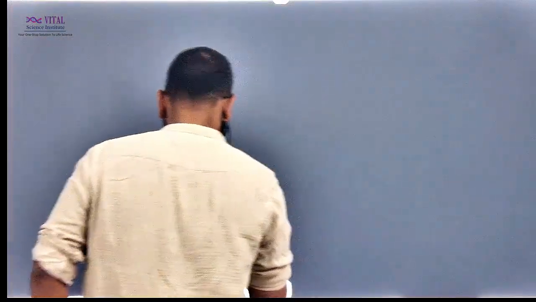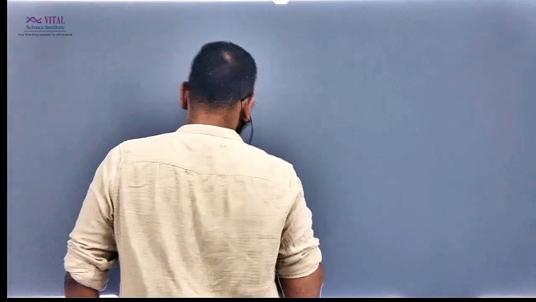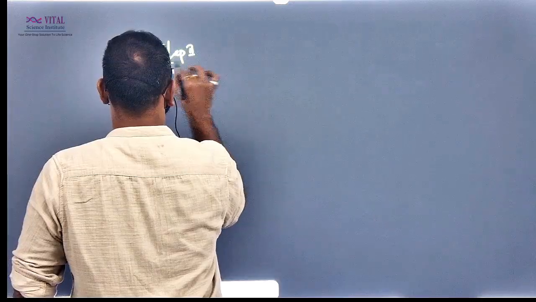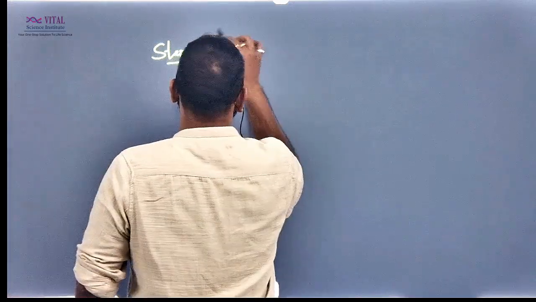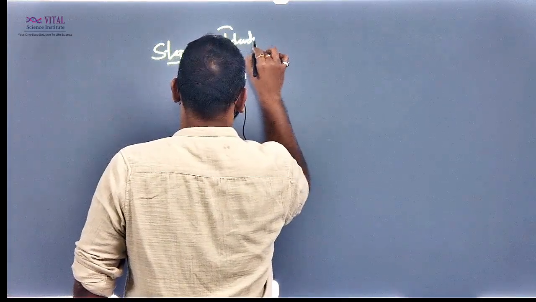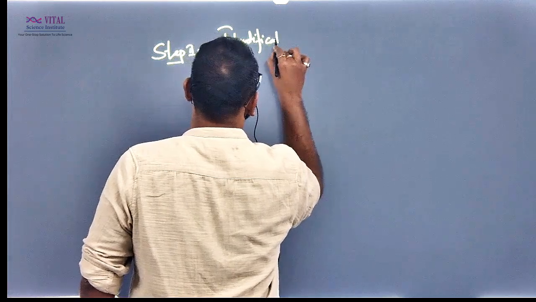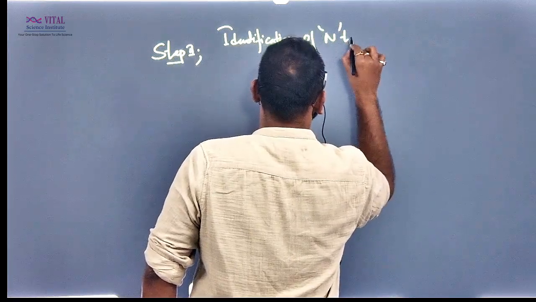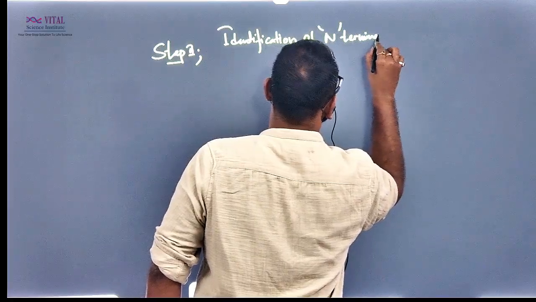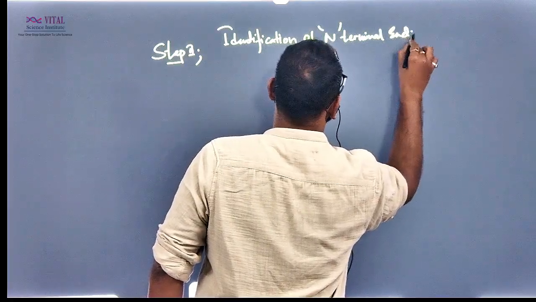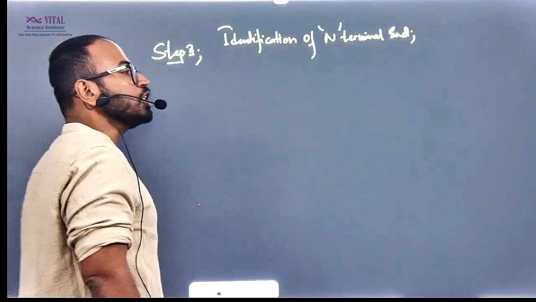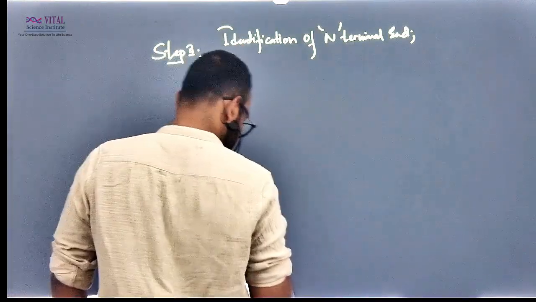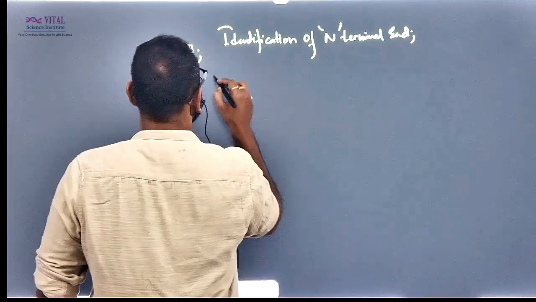Coming to our step 2, which is identification of amino terminal end. Identification of amino terminal end can be conducted by three distinct mechanisms.